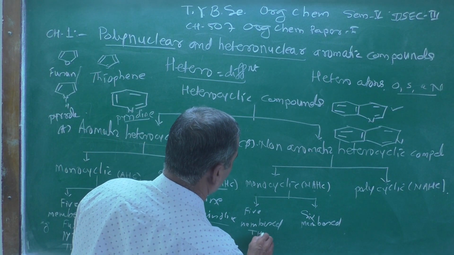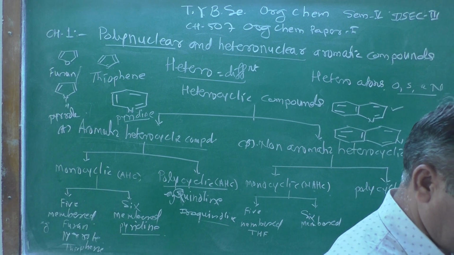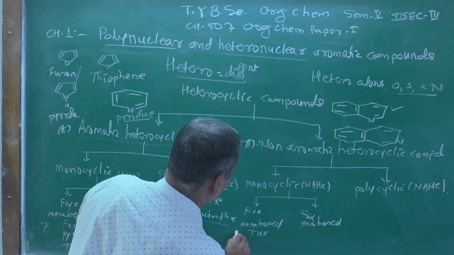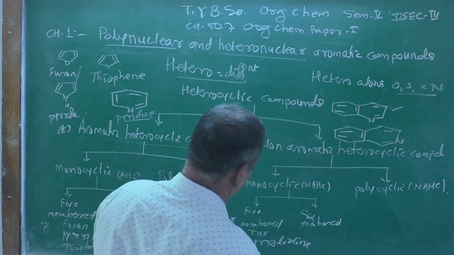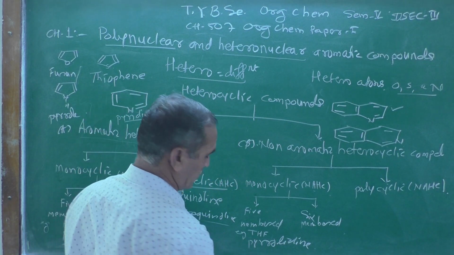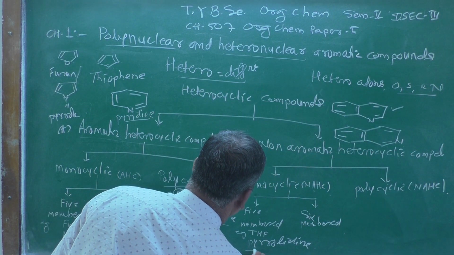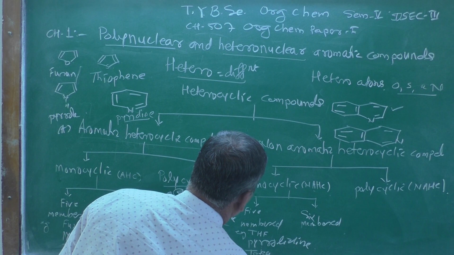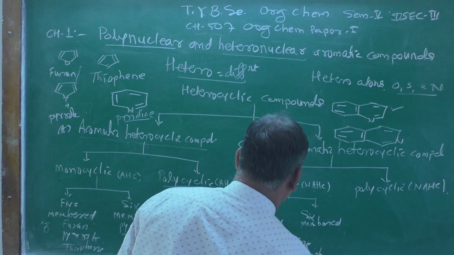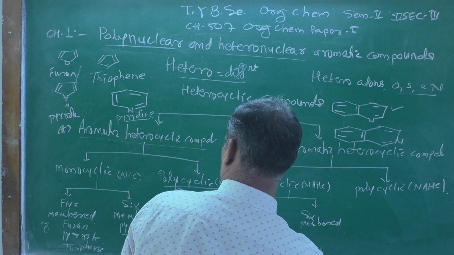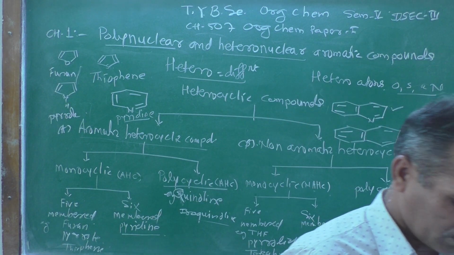Here the examples are THF, which is called tetrahydrofuran, pyrrolidine, and third tetrahydrothiophene.